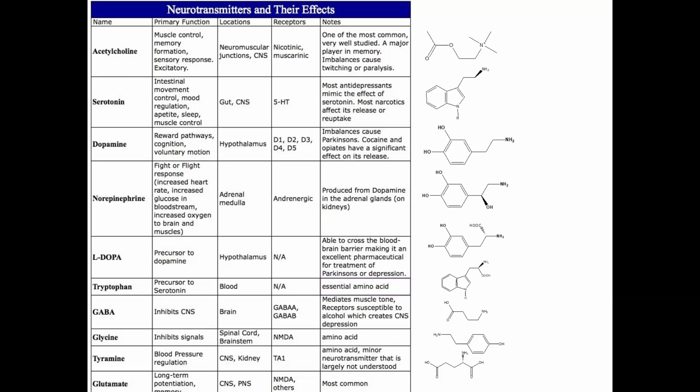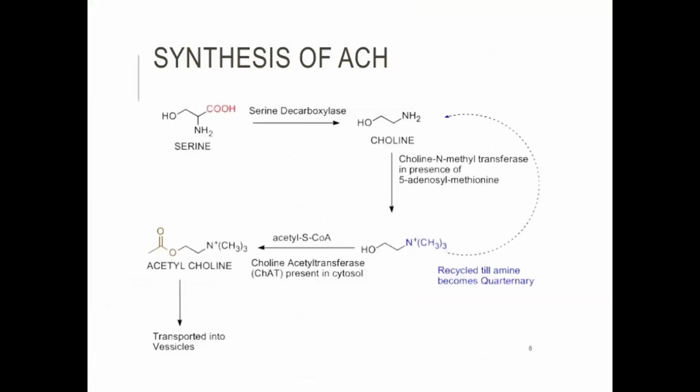Dopamine has the hydroxy, the phenol groups, and that ethyl group. The difference is maybe they have a methyl group here or something like that. If you look at this molecule, you can do a lot of nifty things to change it and modify its function, either increasing or decreasing the activity of the function.